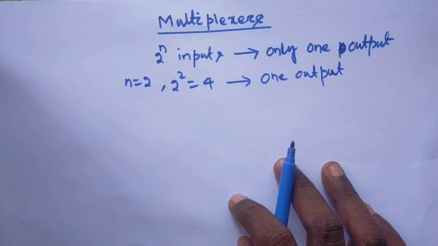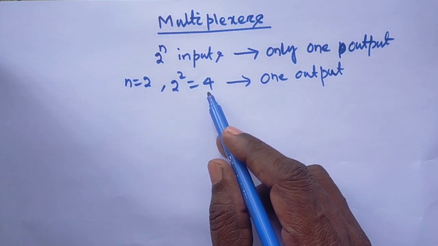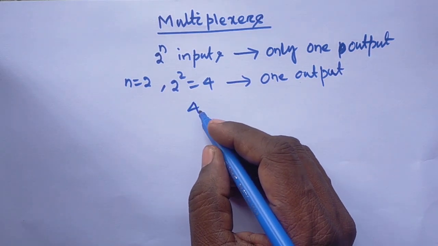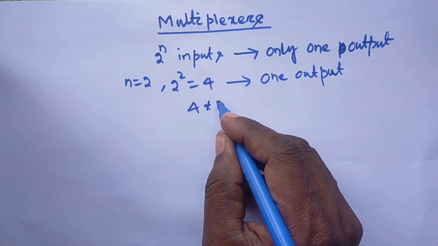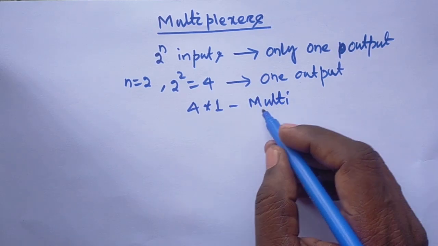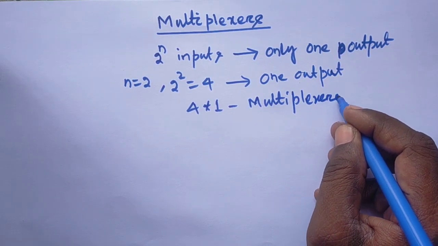We may give many inputs to the multiplexer, but it provides only one output. This model, with 4 inputs and one output, we call a 4 into 1 multiplexer. This is the basic concept.